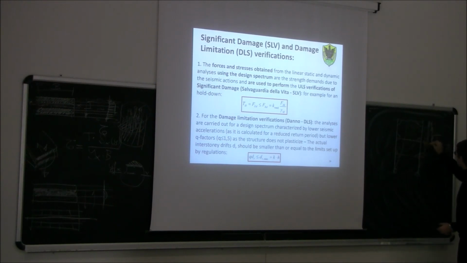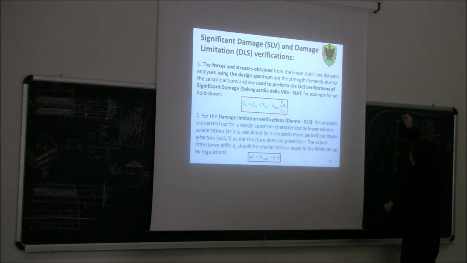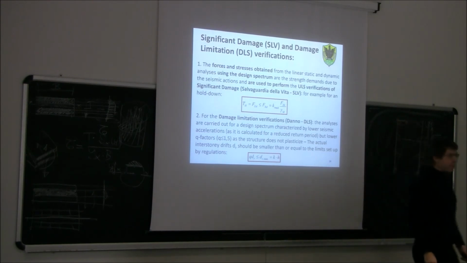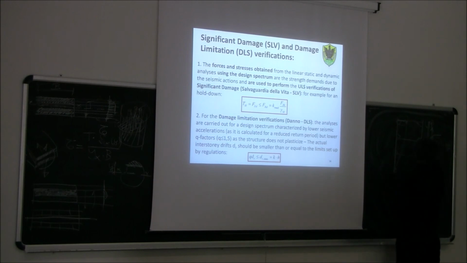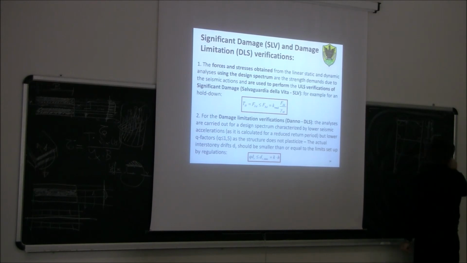So I'm not so much interested in the total deflection on top of the building, for example this one. I'm not so much interested in this value. I'm interested more in the relative displacement of one floor with respect to the other one. So this one, for example, or this, those are called interstory drift.